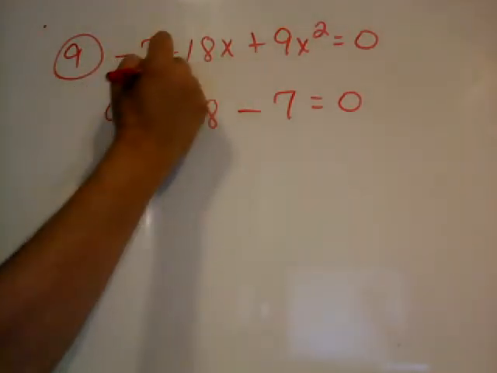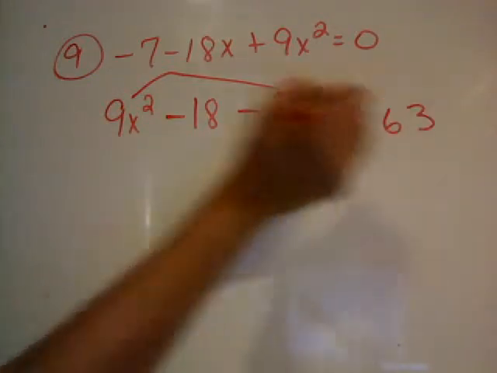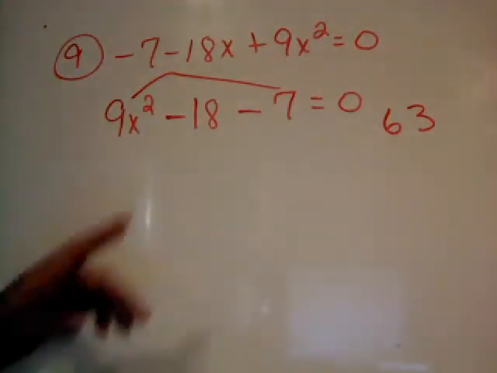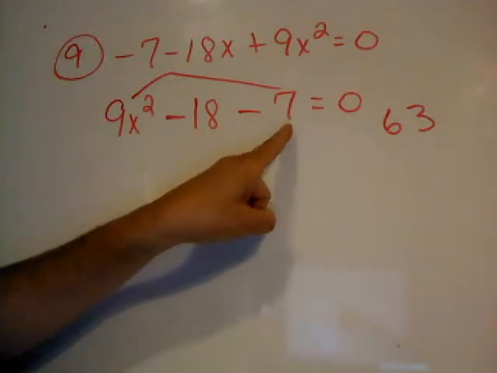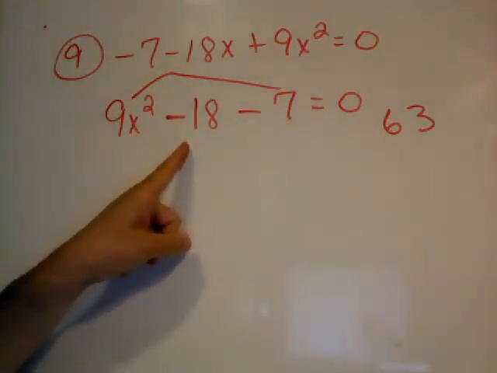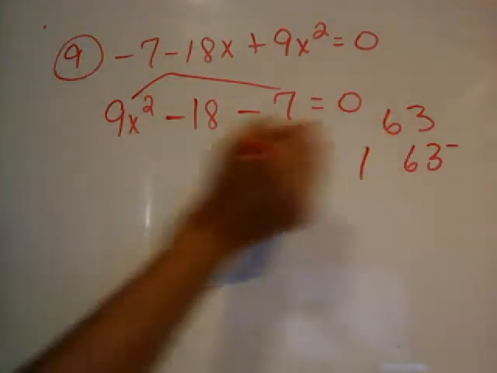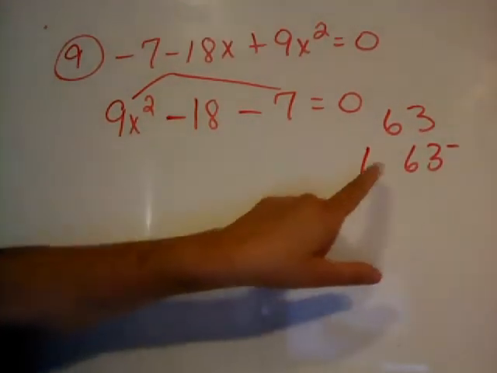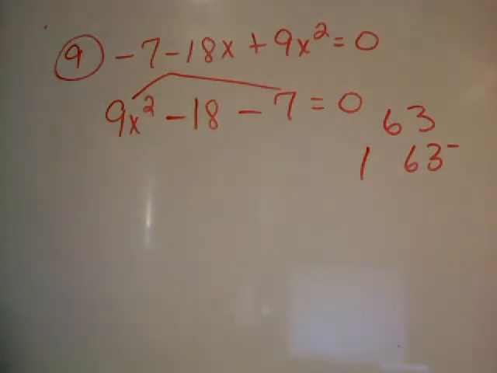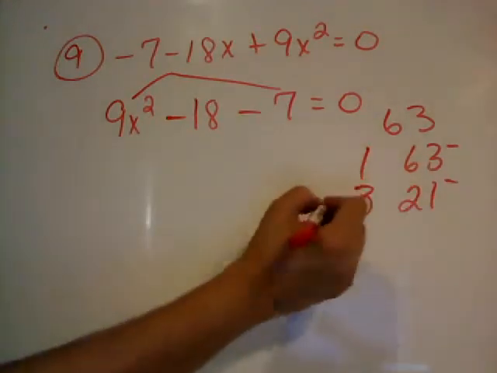And then I just say 7 times 9, which gives me my 63. I need two numbers that when I multiply them together, I am going to get a negative 7, and when I subtract them, I'm going to get a negative 18. So my large number is going to be the negative number. Okay, and I know if I subtract 1 from 63, that's not going to give me an 18. But 3 times 21 will give me that.